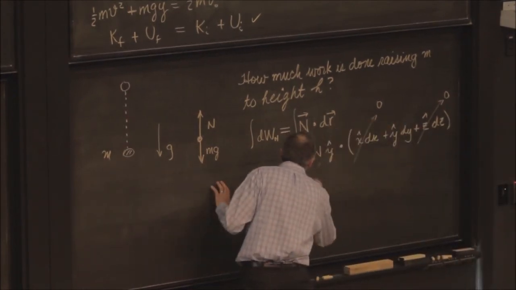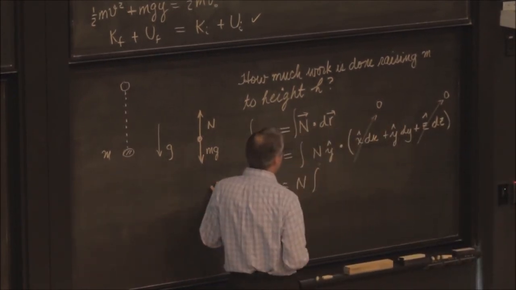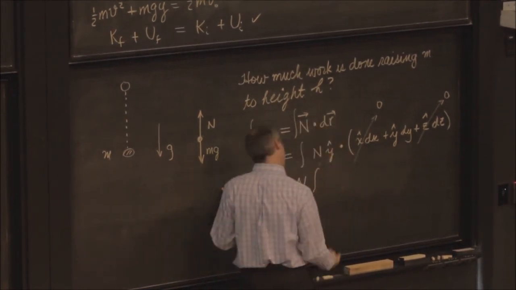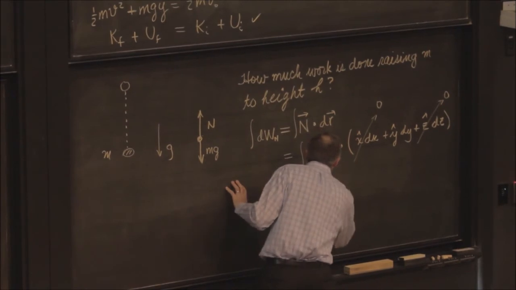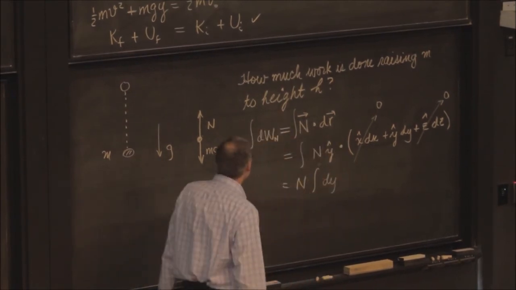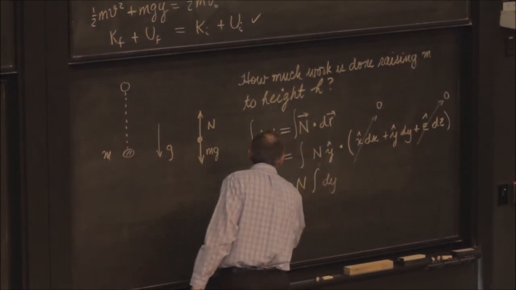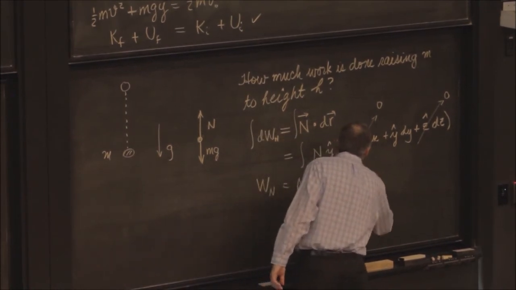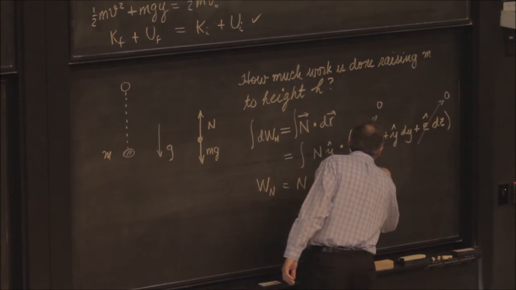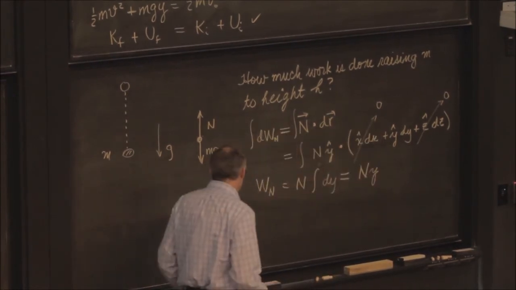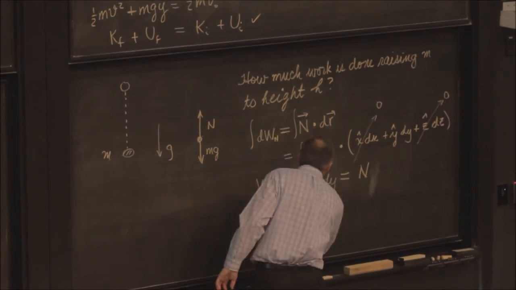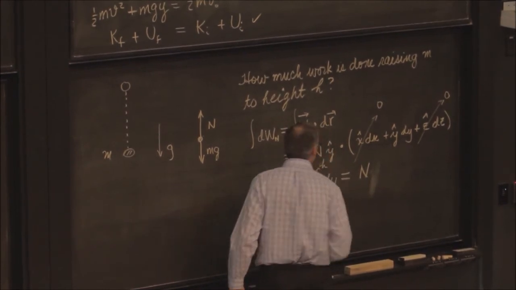So this is N times the integral of y unit vector dot y unit vector. It's a unit vector, so that's 1, dy. So the work done by the normal force will just be the normal force times h, because I'm going to integrate from 0 up to height h.